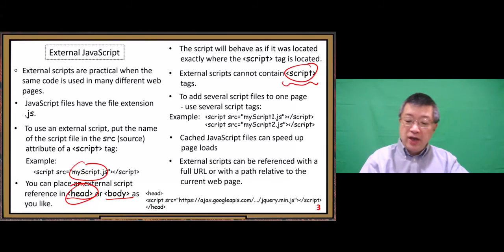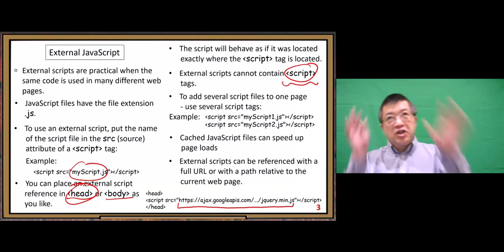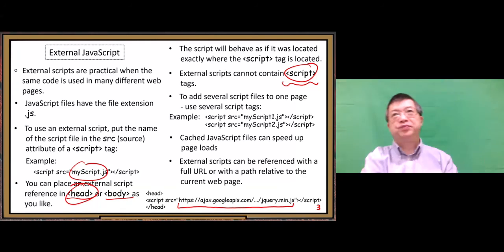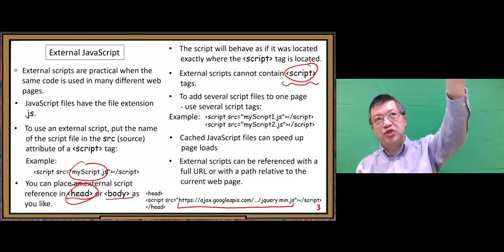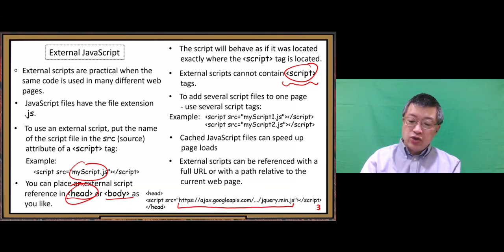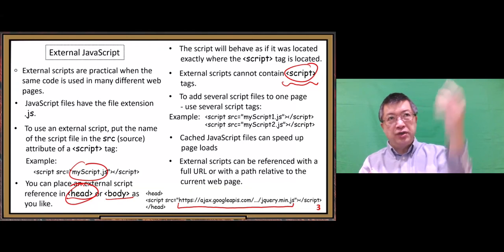For the source, we put a specific location from the web, but that source should be a trusted source. If you do not trust it, you don't want to use it. You may put some harmful code in your web pages. You don't want to do that. So the source should be a trusted source.